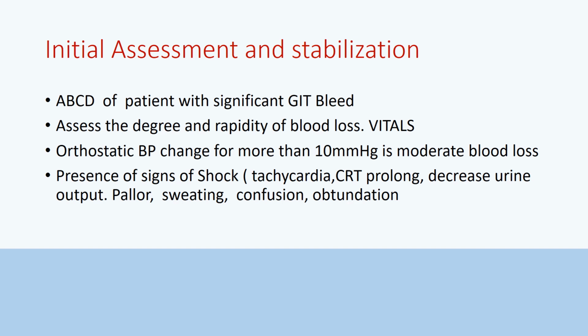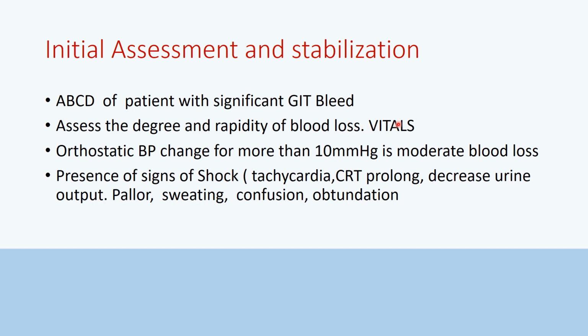Now, after we have considered the possible etiology of bleeding, what do we do? The initial assessment and stabilization. First and foremost is ABCD: airway, breathing, circulation, and checking the sugar of patients with significant GI bleed. We have to assess the degree and rapidity of blood loss.